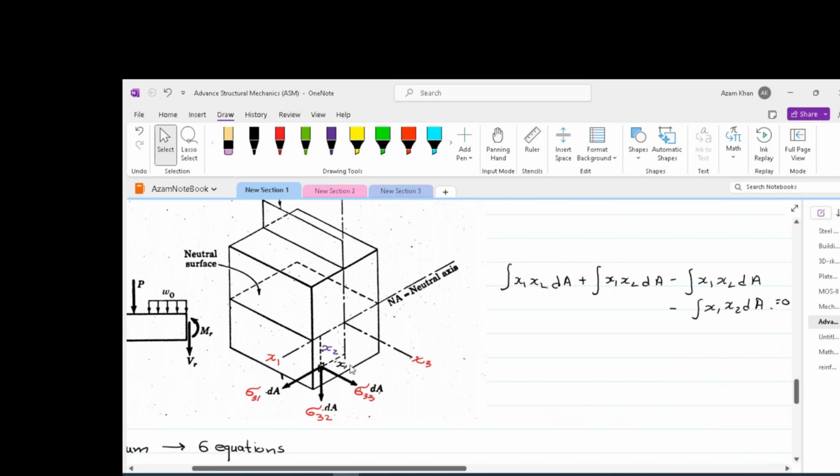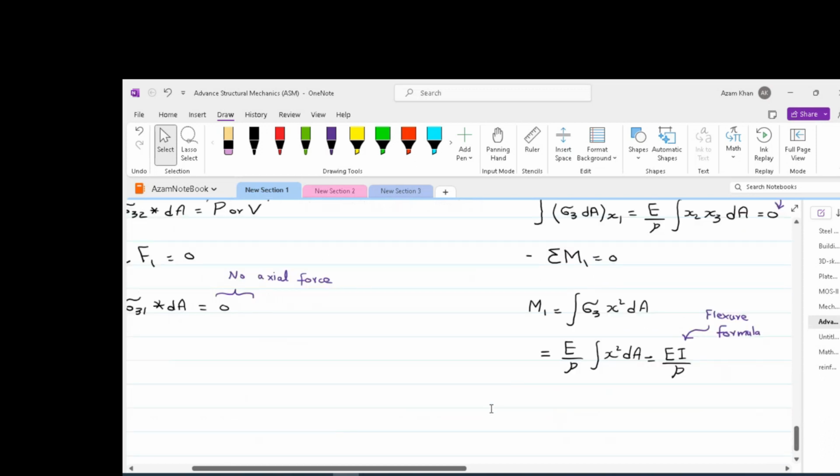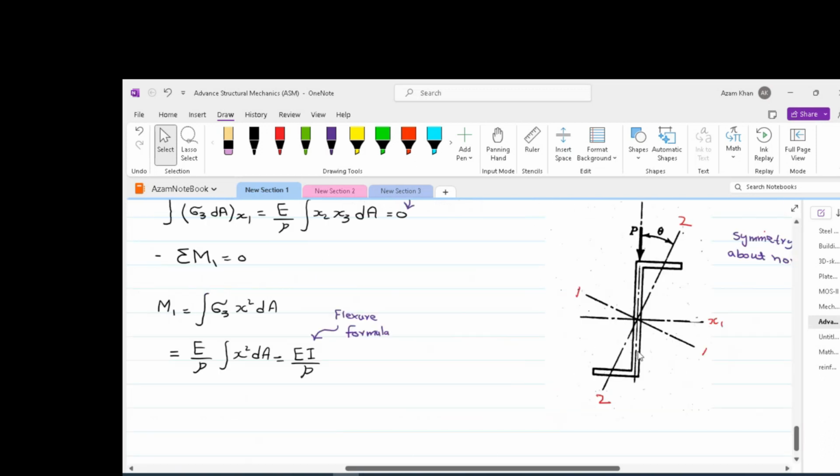Just by keeping the absolute value of the lever arm the same, we could make the summation of the integral equal to 0 because the cross section was symmetrical about both axes. In the case of the Z cross section, it's unsymmetrical about both the axes.